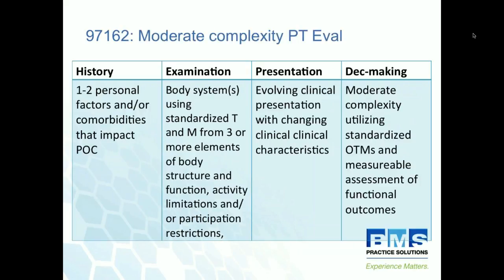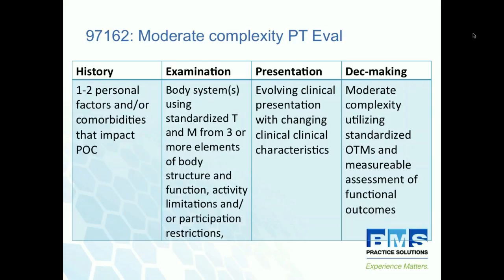Contrast that with the moderate complexity evaluation. So now under history, you see they've got 1 or 2 personal factors and/or comorbidities that impact the plan of care. The examination is using standardized tests and measures from 3 or more elements of body structure and function, activity limitations, or participation restrictions. The presentation is evolving. So it's changing, but with predictable clinical characteristics.